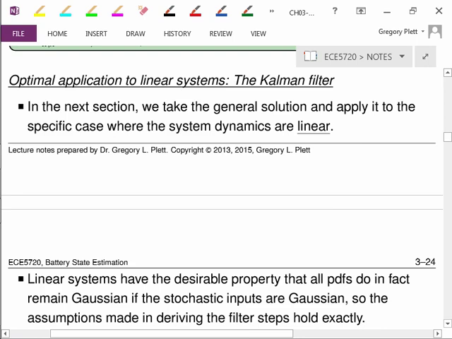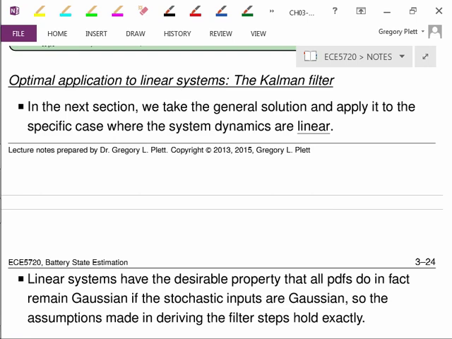We'll start with the linear Kalman filter. This is not something that really applies directly to a battery model because a battery is a nonlinear system, but I think it's very valuable still to take this step in the derivation to just help you gain confidence and understanding of how we do things.